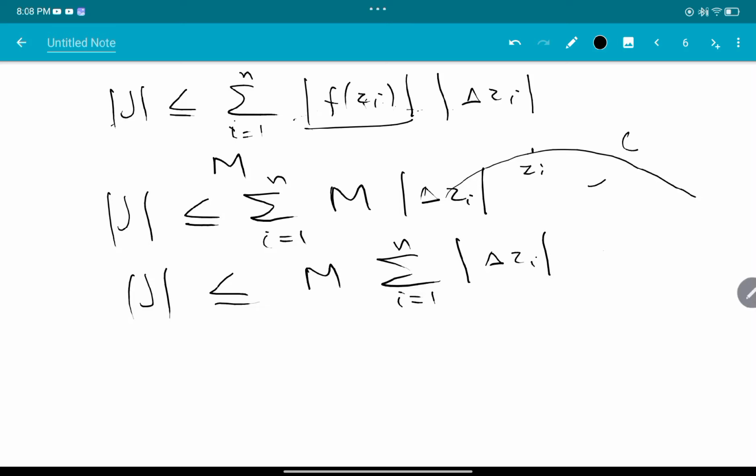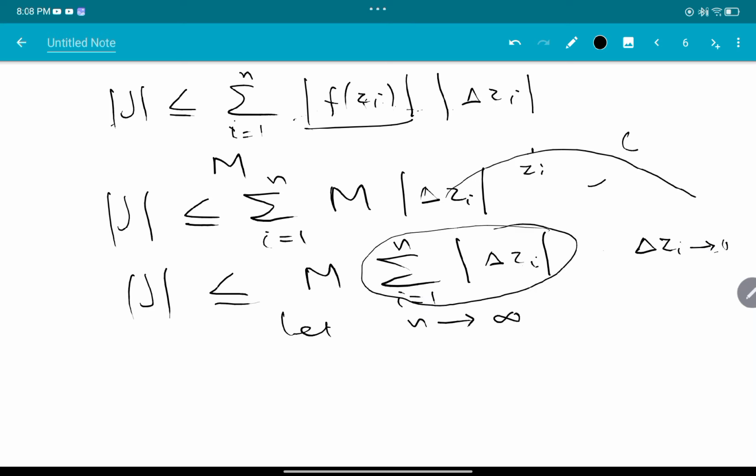Now if you let n tend to infinity, that means the number of these zi's becomes infinity. Then the size of each delta zi will tend to 0. When you add up all those little elements, then what happens? This becomes the length of this curve, because you are adding all those.